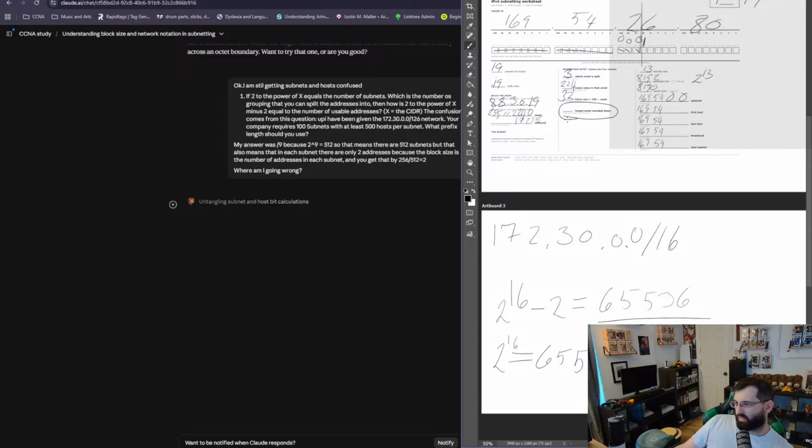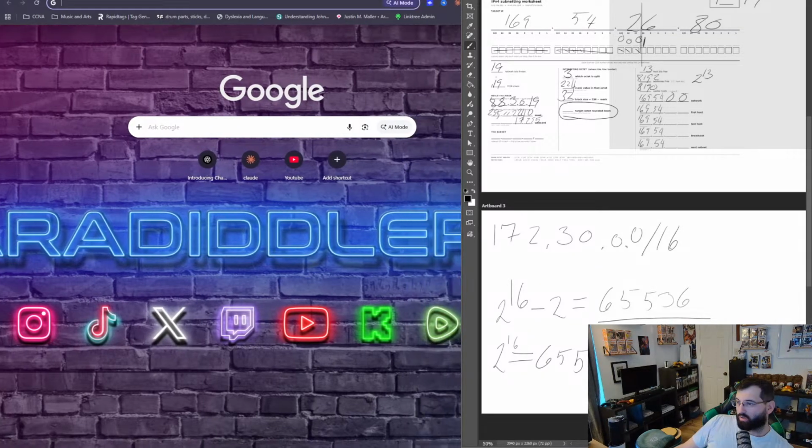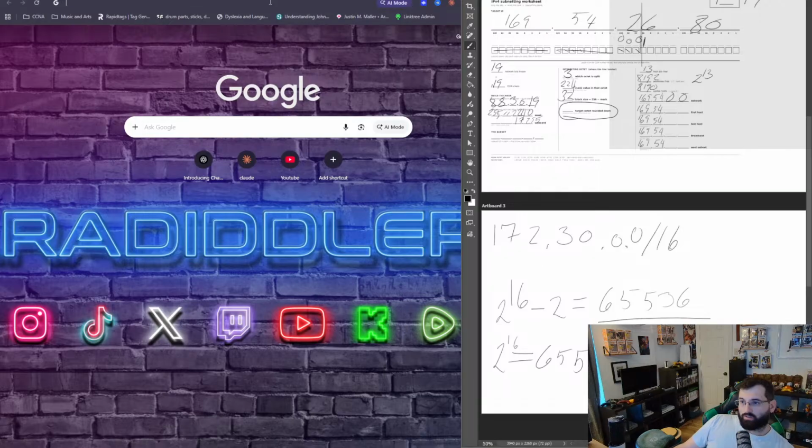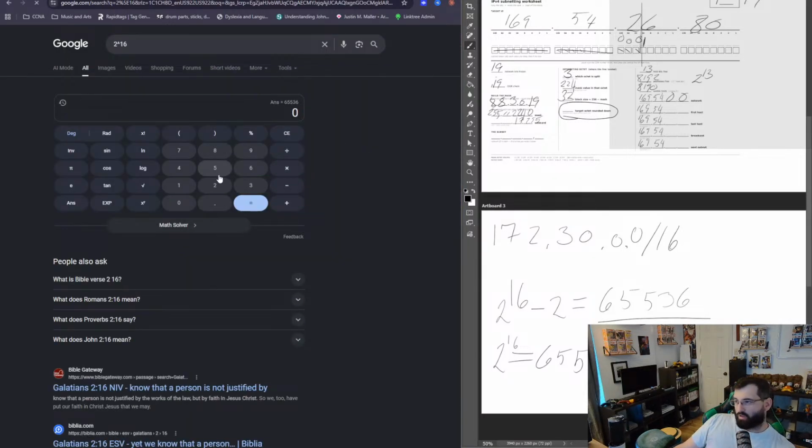Because this means that there's going to be 13 blocks. 2 to the power of 13 is 8,000. Okay, good. So this is the number of addresses that are free.